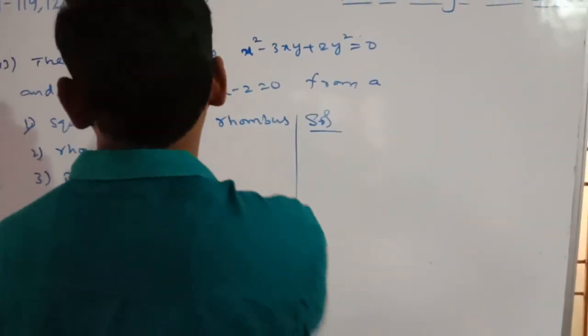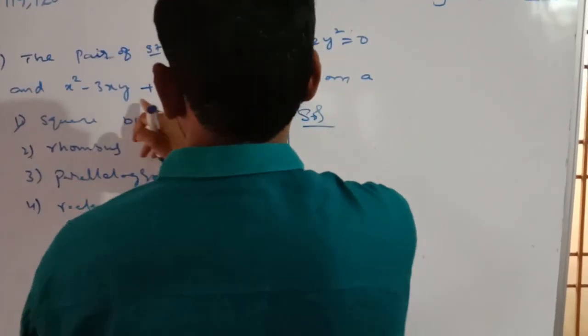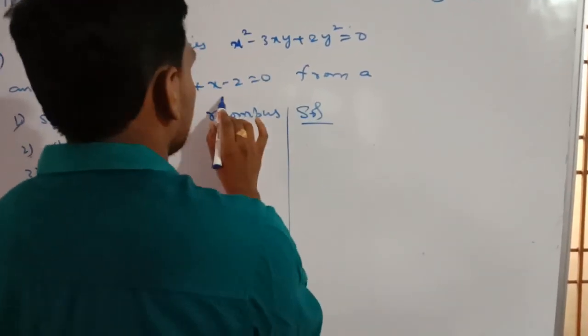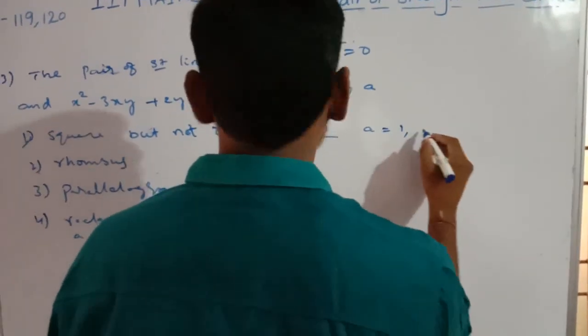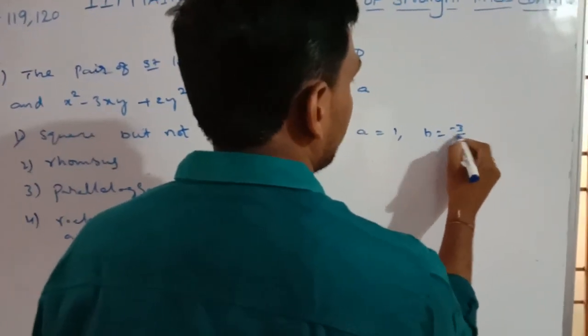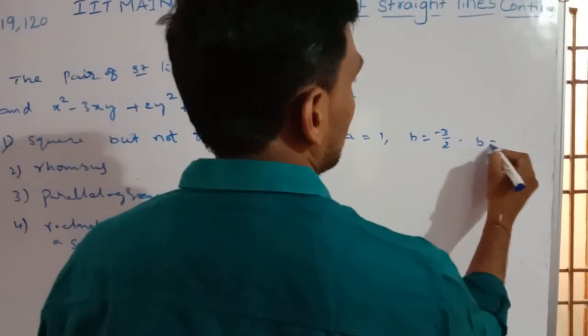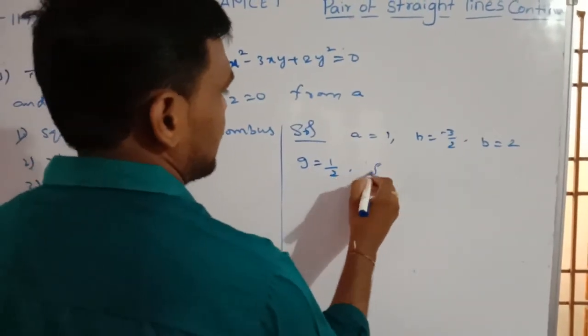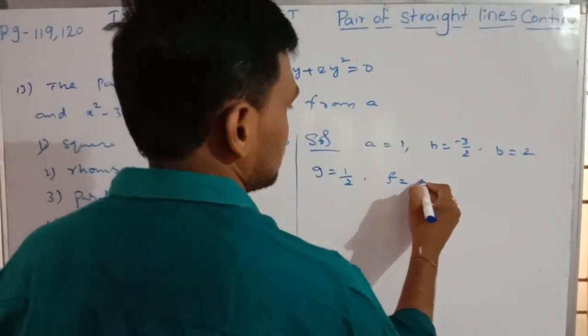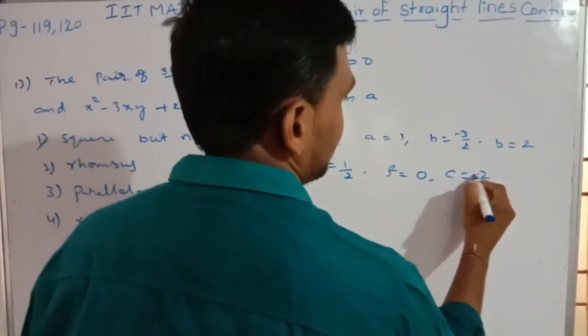Now the solution, comparing with ax square plus 2hxy plus by square plus 2gx plus 2fy plus c equal to 0. Here a is 1, h is minus 3 by 2, and b is equal to 2, and g is equal to 1 by 2, and f is equal to 0, c is equal to minus 2.